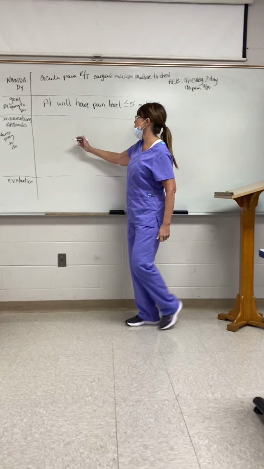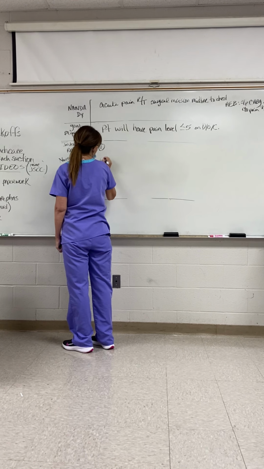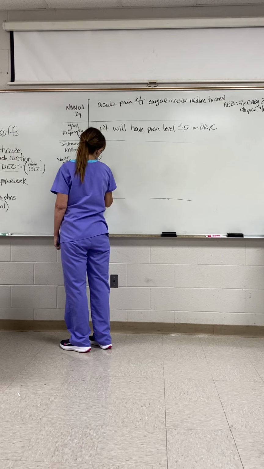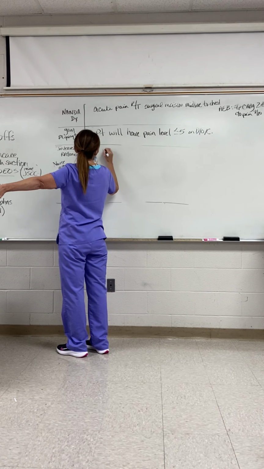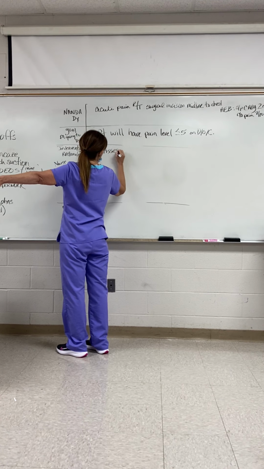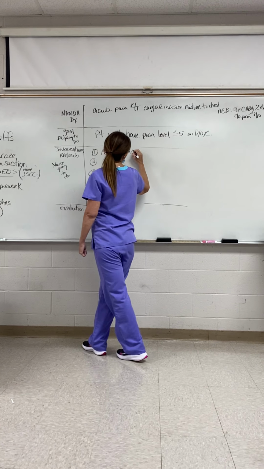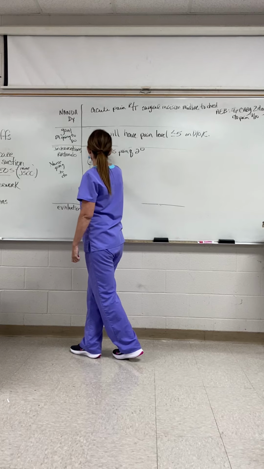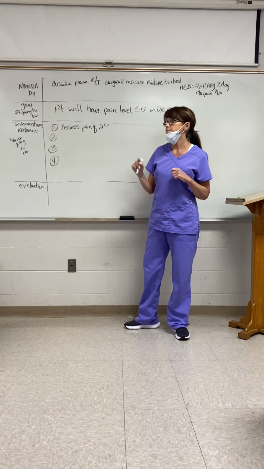Okay, so it says here they're gonna have a pain level of less than 5, so what is one of our interventions got to be? It says pain, exactly, how often? Every 2 hours. So we've assessed their pain, then what else can we do for their pain? Pain management.